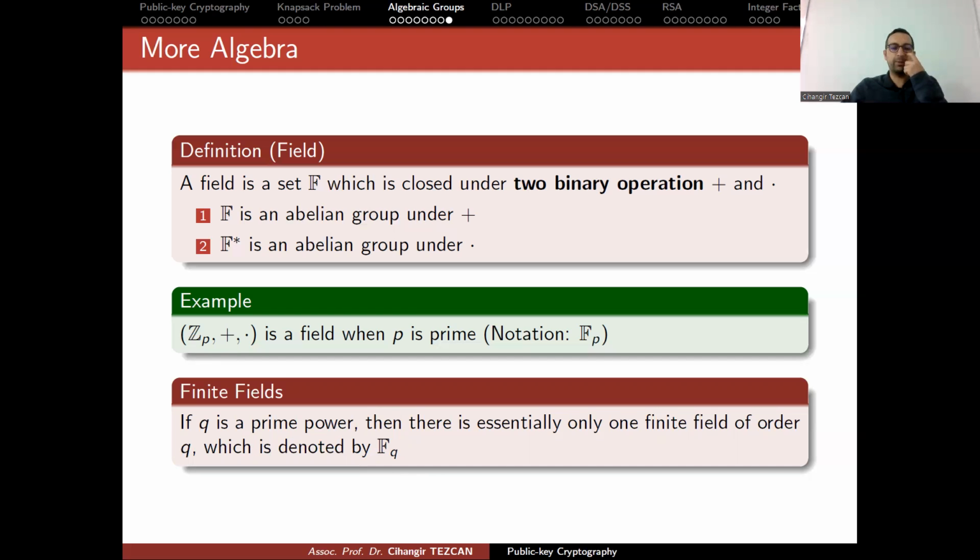This is important because all of the definitions of fields, elliptic curves, and so on are actually defined over this kind of finite field. Most of the time, either we are going to choose q equal to p, which is a very large prime number, or we will choose q as 2 to a huge number like 100 or something.